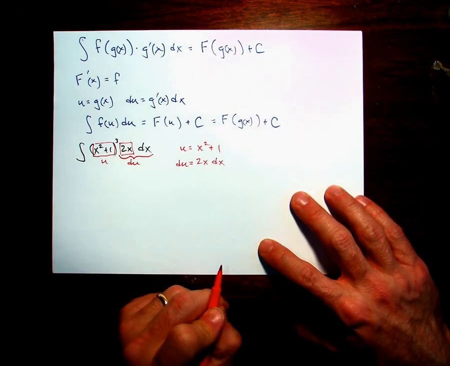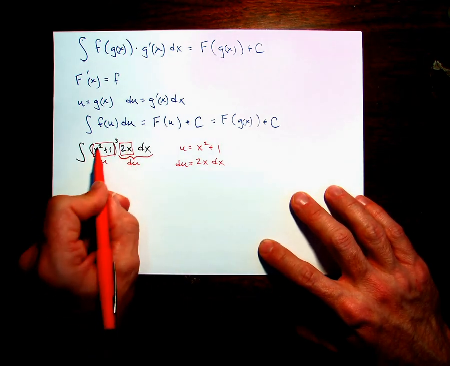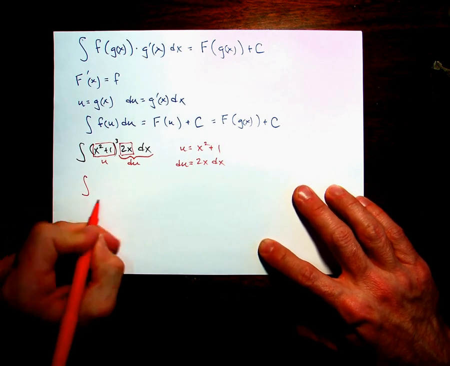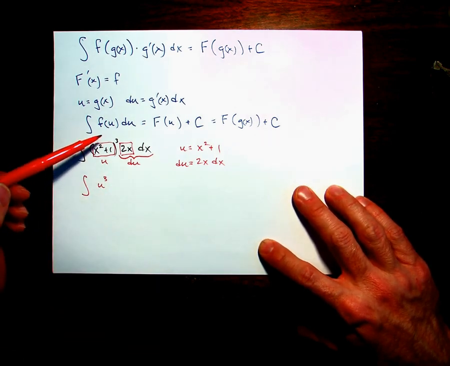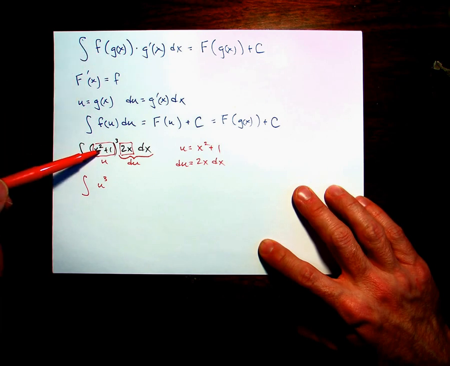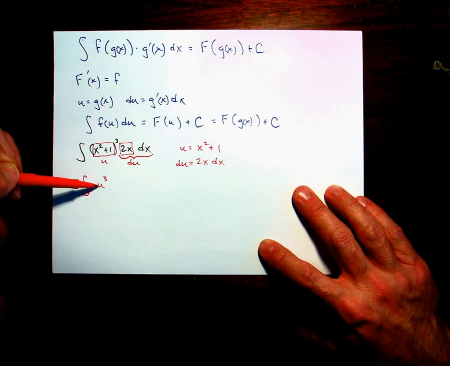All right, so I'm going to replace that whole thing with du, and just this part in the middle here, right? So I'm going to have the integral of u cubed. So you can think of up here, if I'm taking this integral, f was x cubed. I'm replacing it with u, so I just have u cubed, and then that whole thing is du.